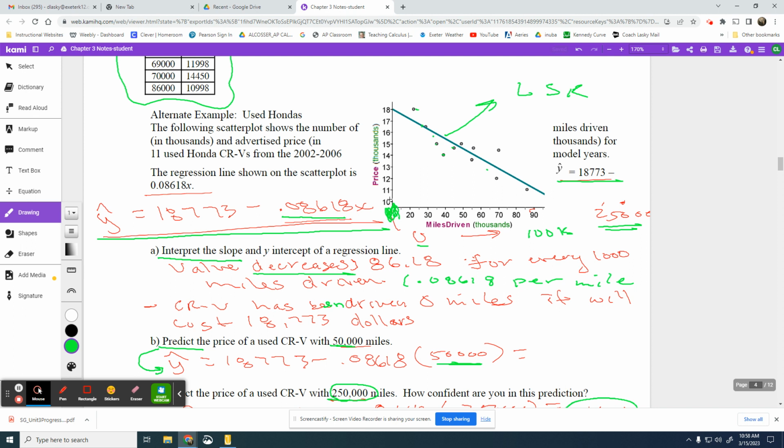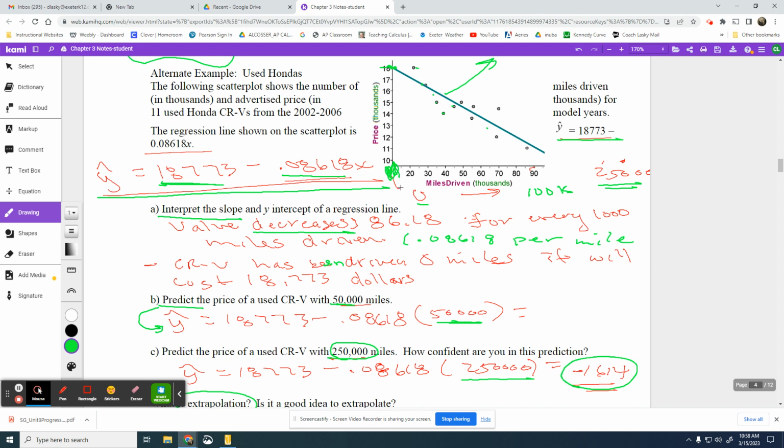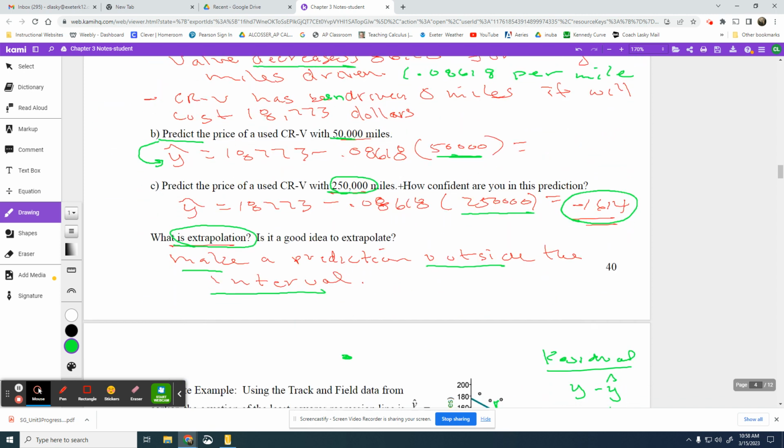Now if we look at the y-intercept, what we're really saying is if we drove a CRV 0 miles, it would cost $18,773. That's all we're saying. Trying to find one that's 20 years old with 0 miles on it is going to be awful hard. So then, how do we find the predicted price?